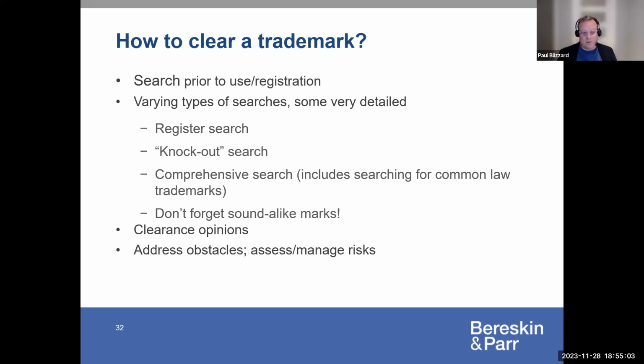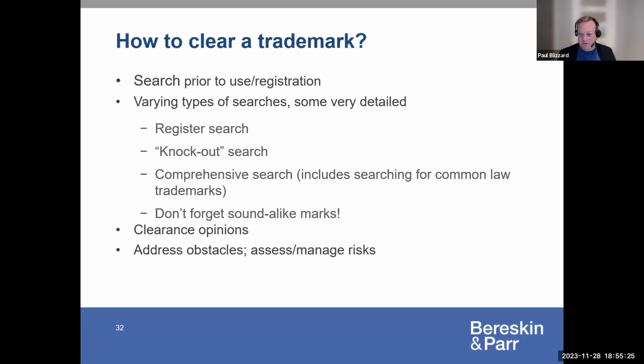There are more comprehensive searches that can be undertaken to look for use of similar marks, that is, common law use, either use in the market or use by existing actors that haven't themselves registered the mark.